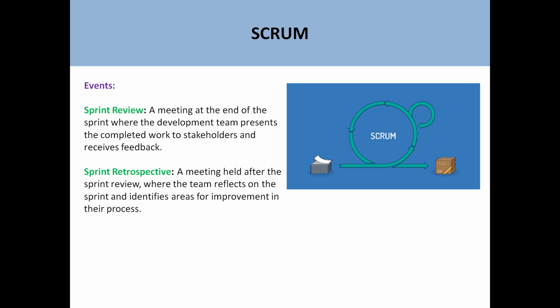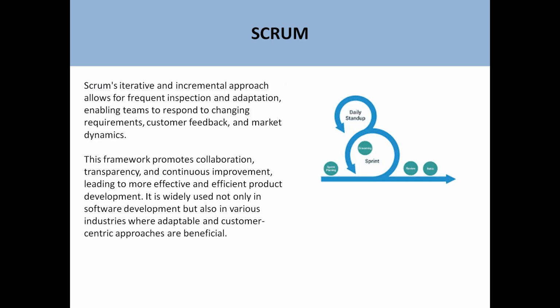Try to continue the positive things, try to avoid the negative things, and the things which can be improved should be discussed. Basically you can say it's a post-mortem meeting, so that things can be improved. The main purpose of a sprint retrospective is not to do any blame game on any team member. The main purpose is to improve things.